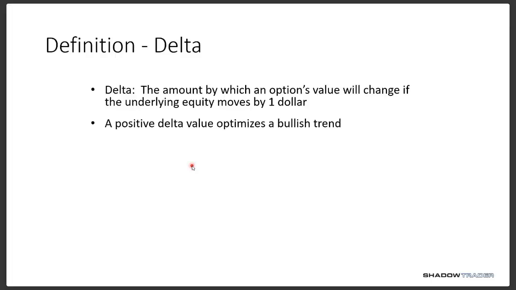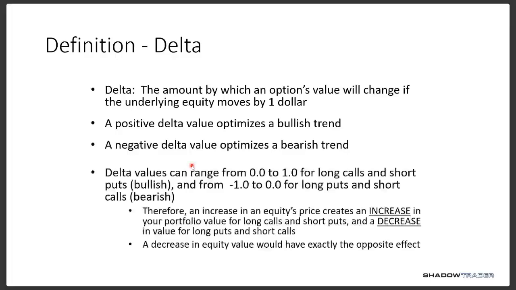If we have a positive delta value, this means we're going in a bullish direction. Negative, a bearish direction. The values of delta can go between 0 and +1 on the bullish side and 0 and -1 on the bearish side.